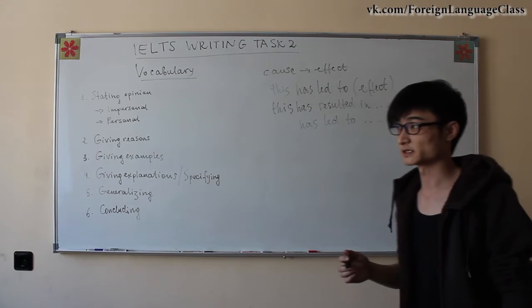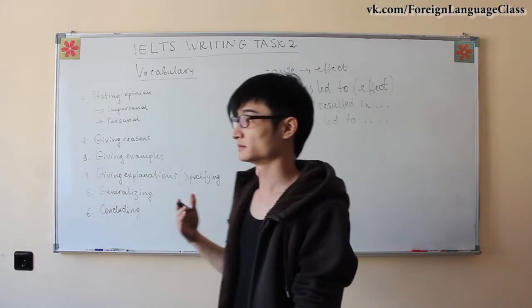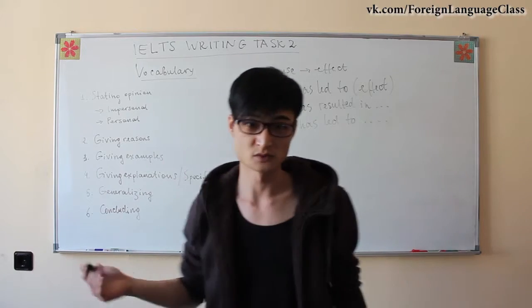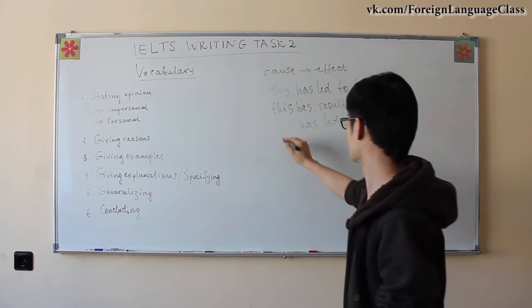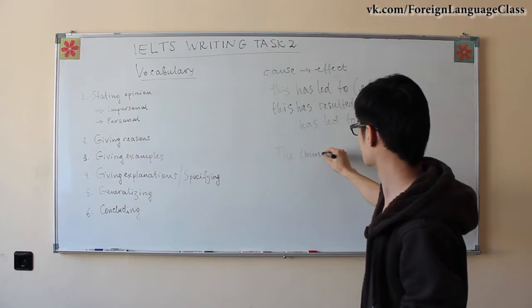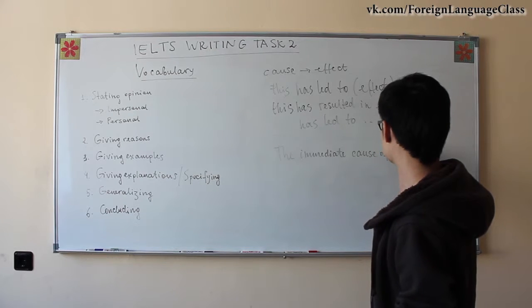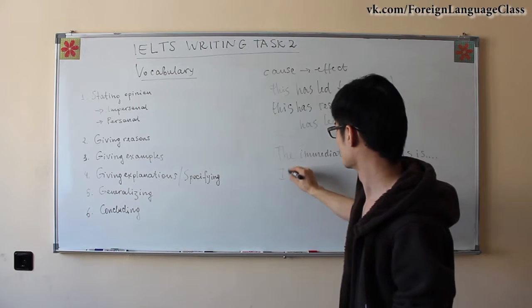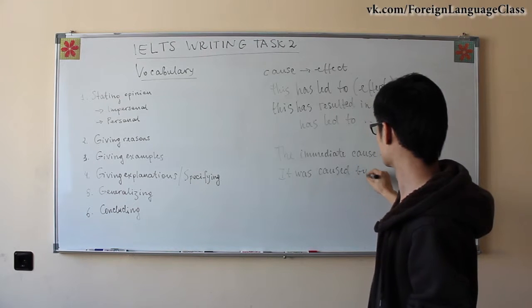If you have stated the effect before that, for example, the amount of carbon dioxide in the atmosphere increased, and now you want to describe the cause: the immediate cause of this is, or it was caused by something.